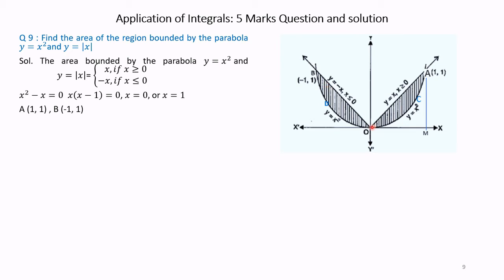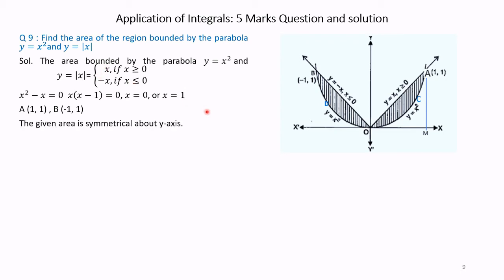So mod of x is a line here. Y is equal to minus x is this side, and plus x is this side. So this equation of the line is represented by this flower bracket.